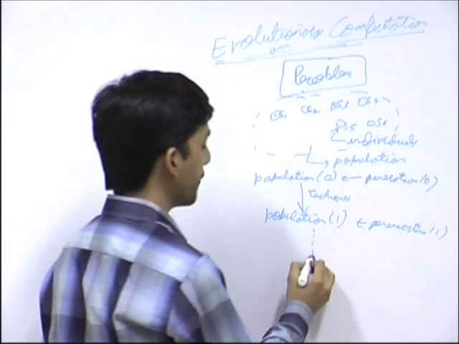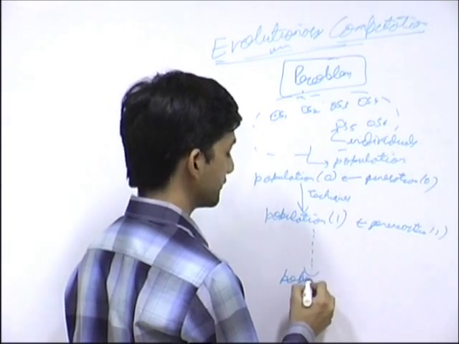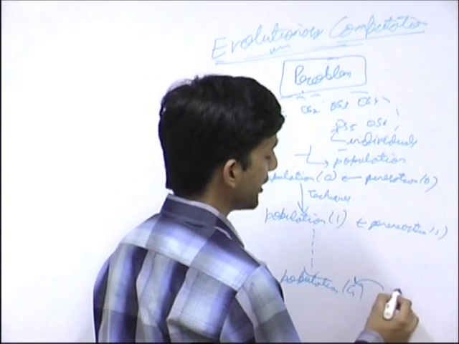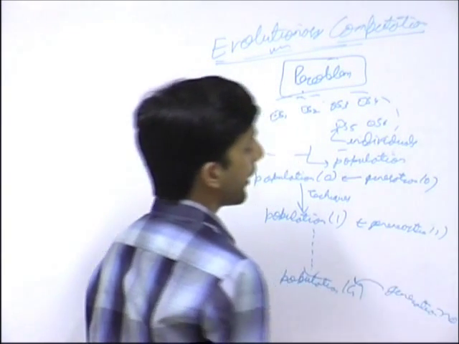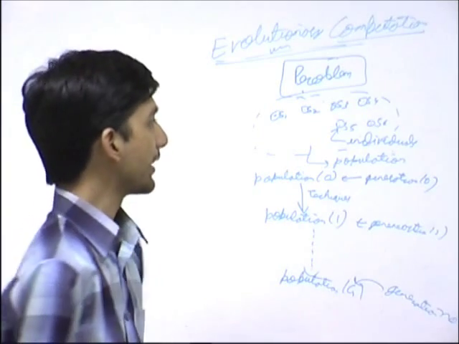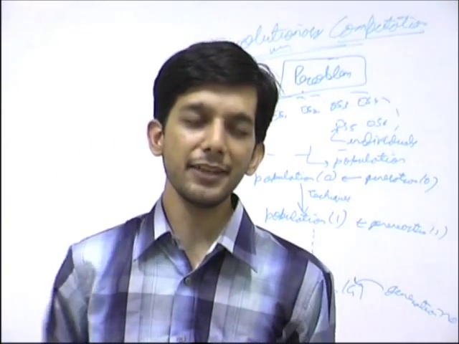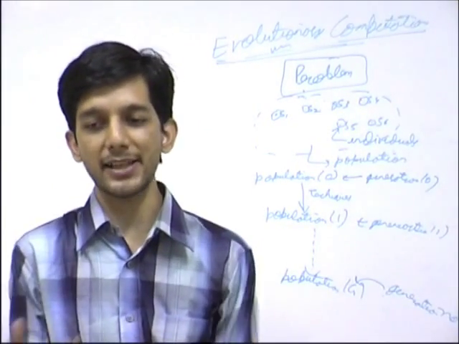And like this I keep on generating populations at a time G, where G denotes the generation number. Now the basic question is that I had a class of solutions to this problem that I call individuals.